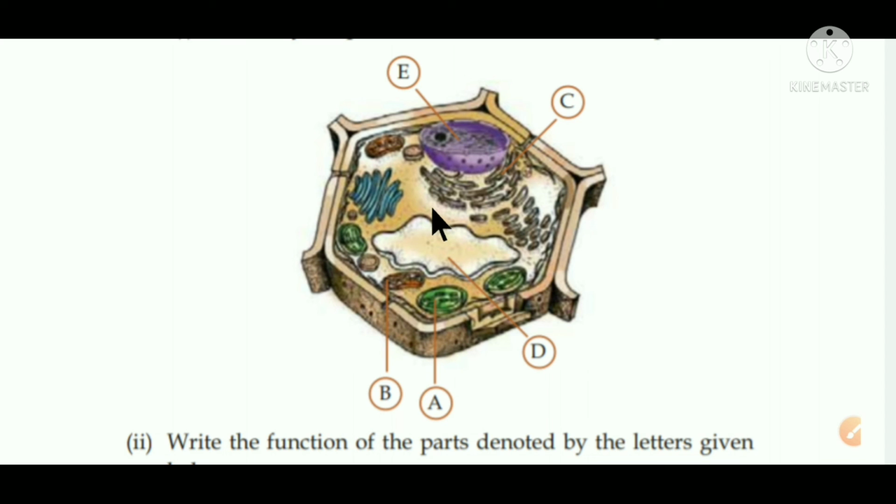Next, C. Where is C? This is C. It is near the nucleus and is a network-like structure. You can call it endoplasmic reticulum.